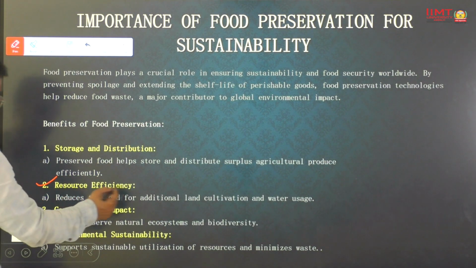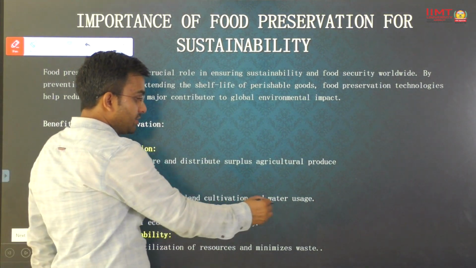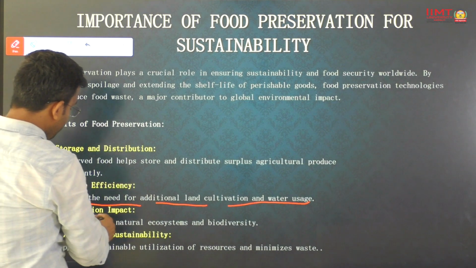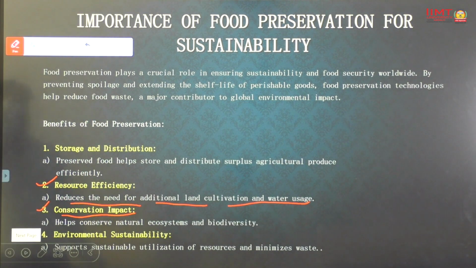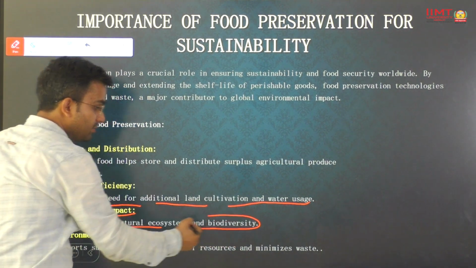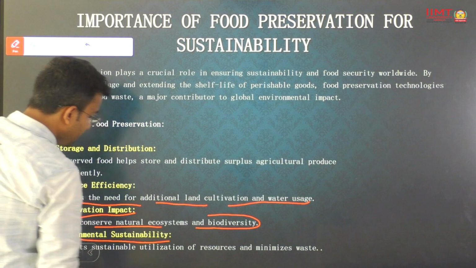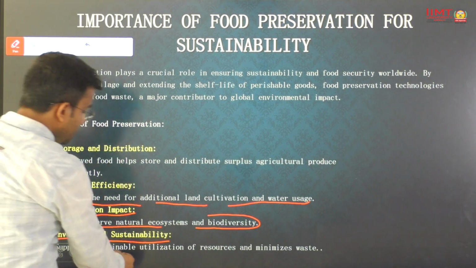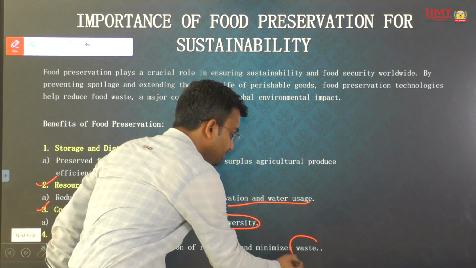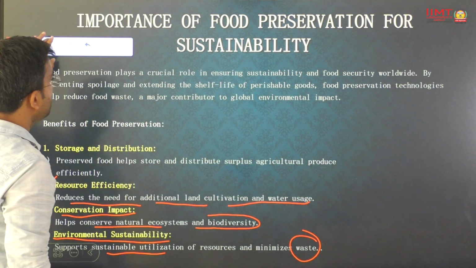Second is resource efficiency: reducing the need for additional land cultivation and water use. Third is conservation, which helps the natural ecosystem and biodiversity. And fourth is environmental sustainability. It means supporting the sustainable utilization of resources and minimizing waste. So these are the importance of preservation.